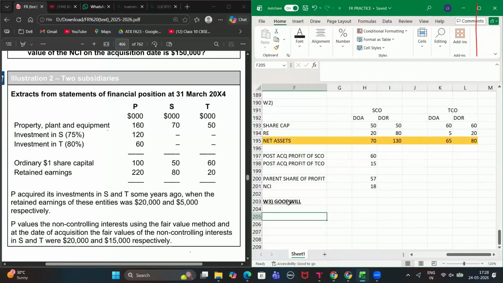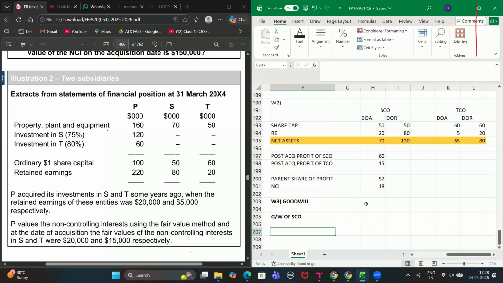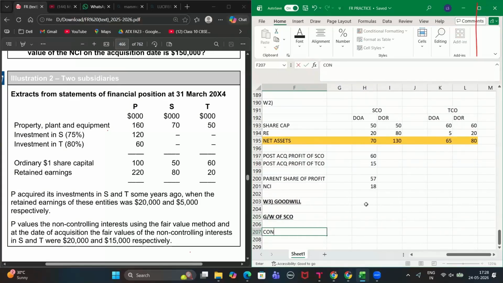Let's compute the goodwill of S company. What is the fair value of consideration given for S company? It is 120. Right.